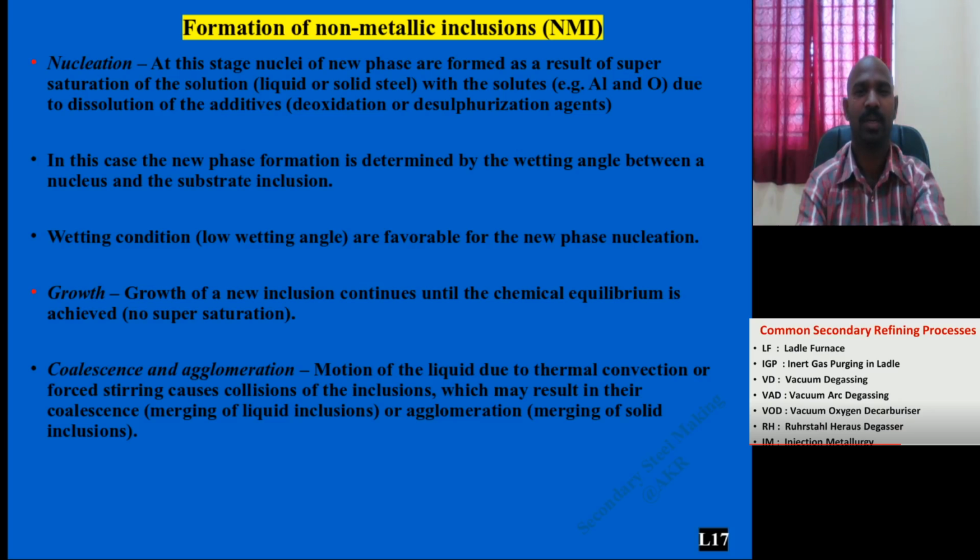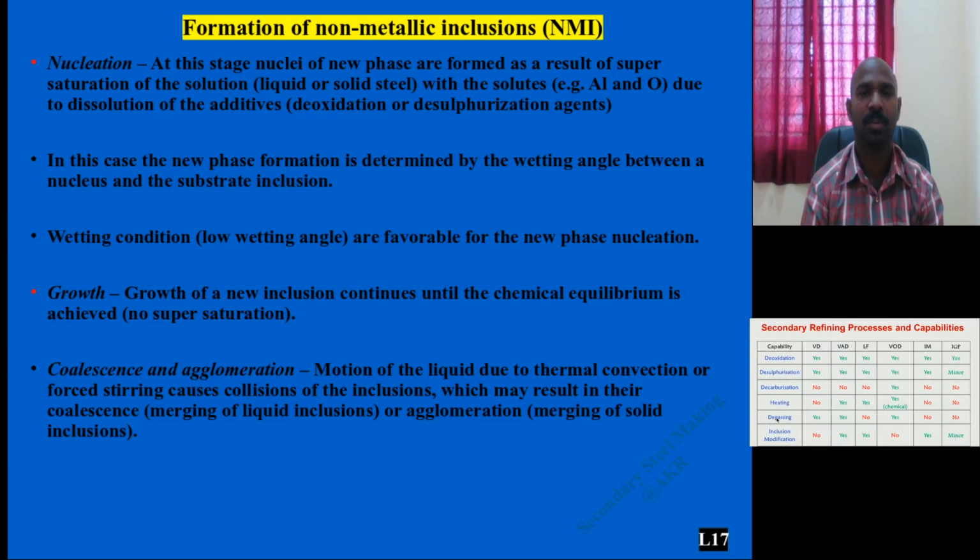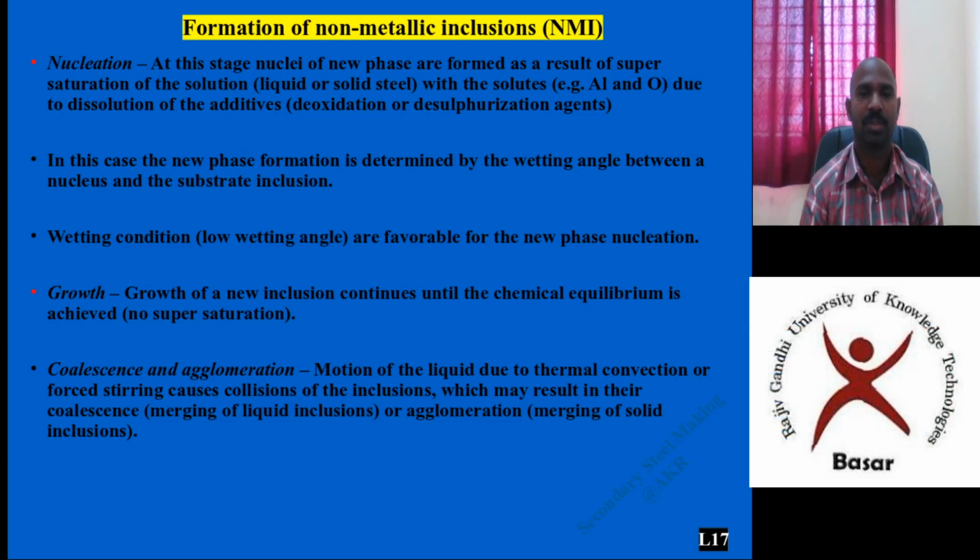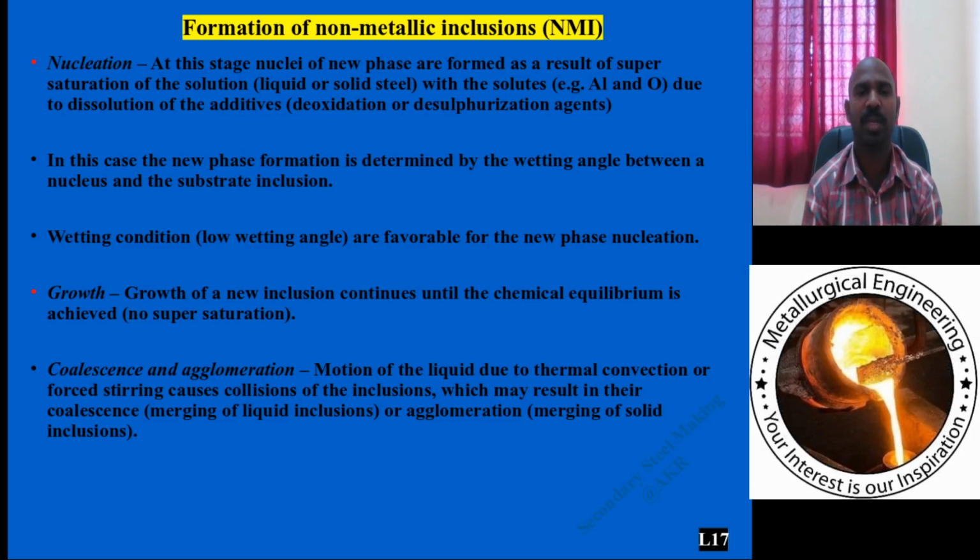At a later stage, as time proceeds, it is a time-temperature transformation phenomenon. Basically phase transformation and phase diagrams come into the picture. There will be collisions, group formation and agglomeration. These things will occur even during the stirring action, during teeming and treating of the steel.